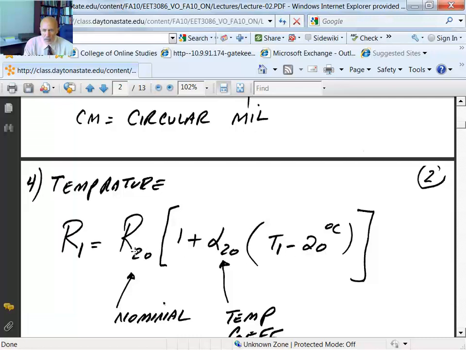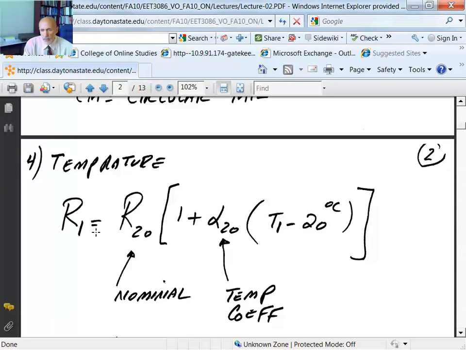So if you know the value of the resistance at room temperature, and then you want to calculate at any other temperature, let's say T1 at 90 degrees Fahrenheit, you must convert that into Celsius. You cannot mix Fahrenheit with centigrade Celsius, so you must do the conversion. And then R1 will be equal to R20 plus R20 times alpha 20 times T1 minus T0. So you have the positive temperature coefficient.